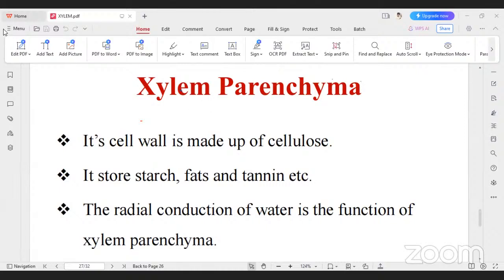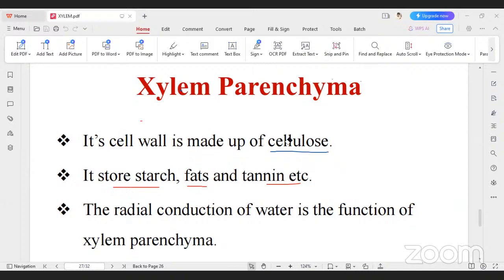But in parenchyma, cellulose is present. Parenchyma function is storage: it stores starch, fat and tannins. It is also useful in radial conduction, lateral conduction of water. That is the function of xylem parenchyma cells.